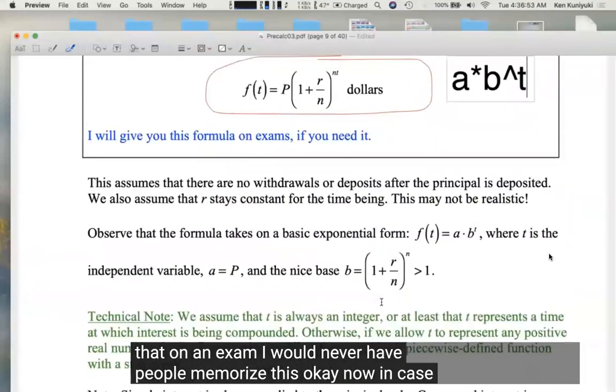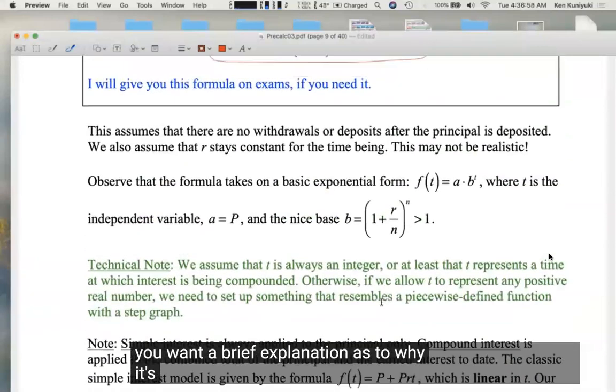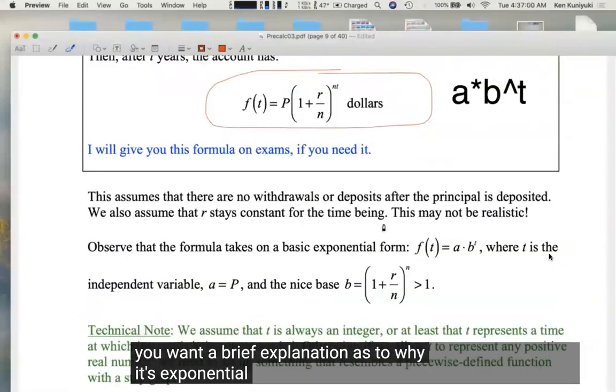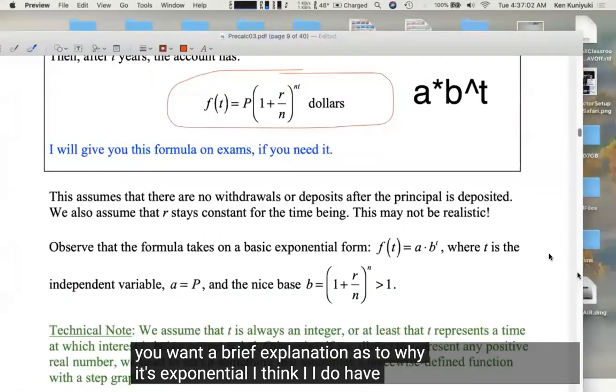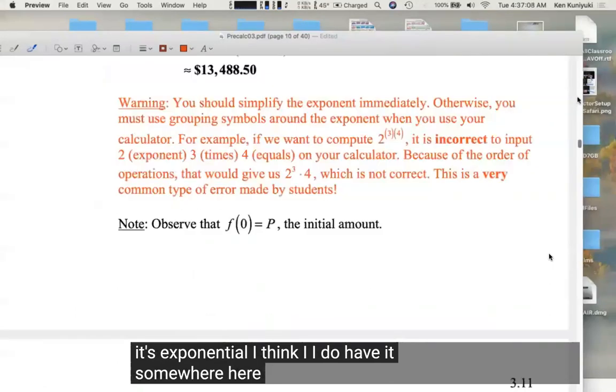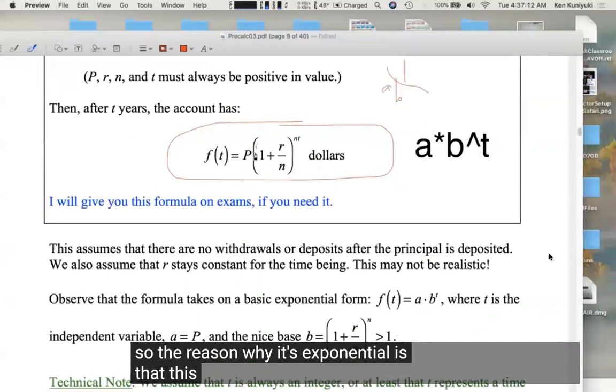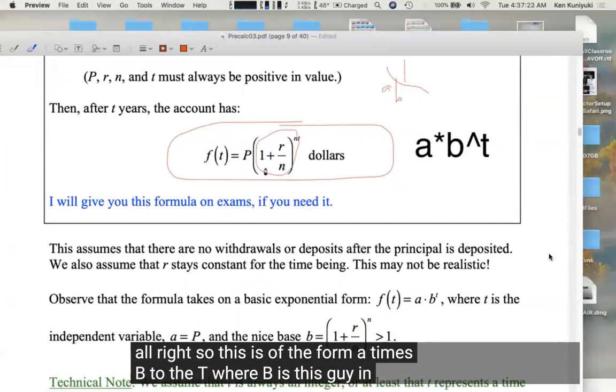Now in case you want a brief explanation as to why it's exponential: this here, 1 plus r over n all to the n, got to be careful there, is of the form a times b to the t, where b is this guy in here.